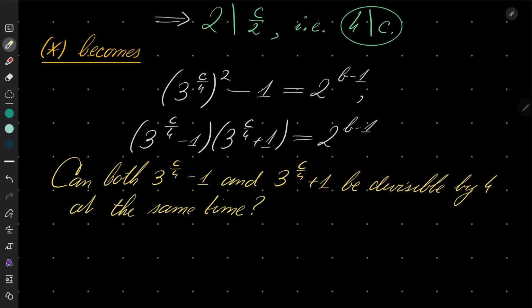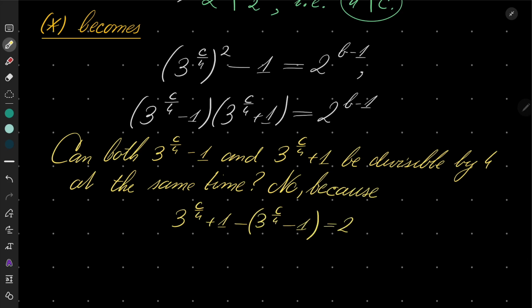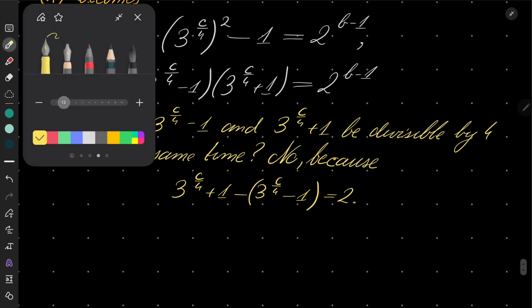No. Why not? Because these numbers are 2 units distant from each other. 3 to the power c over 4 plus 1 minus 3 to the power c over 4 minus 1 equals 2, and 4 does not divide 2. So we have only 2 possibilities.